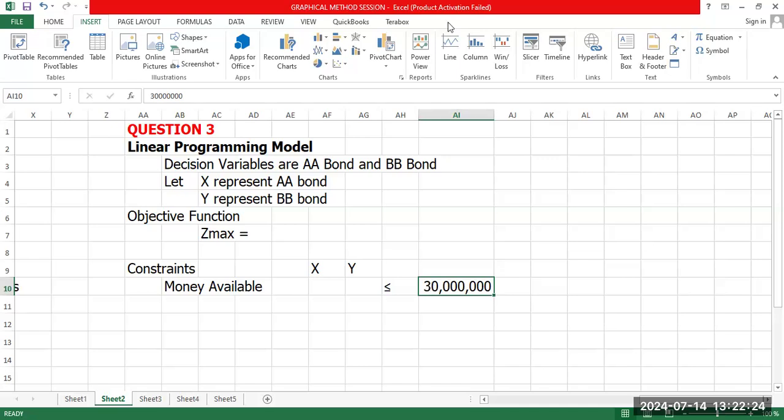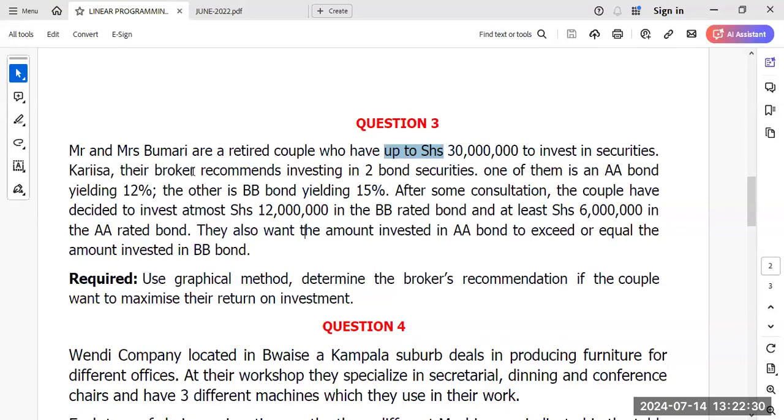Next. Here you are just trying to interpret the question. Carissa, their broker, recommends investing in bond securities. One of them is an AA bond yielding 12%, and the other one is a BB bond yielding 15%.